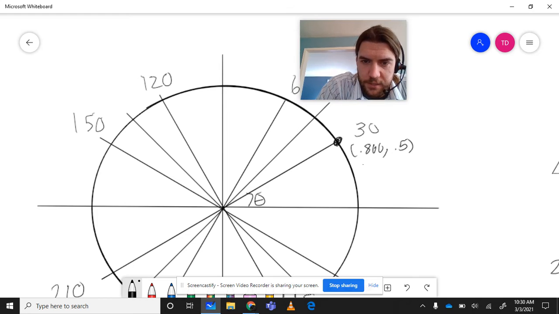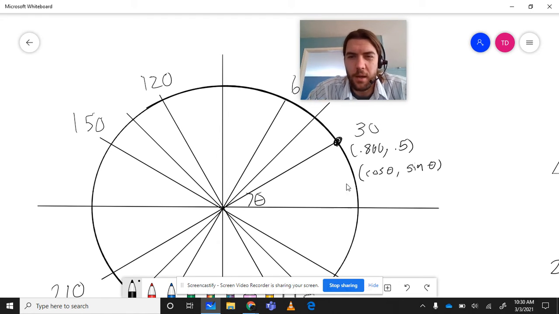What that's telling us is that 0.866 was our x value, so that would be our cosine. And this would be our sine.